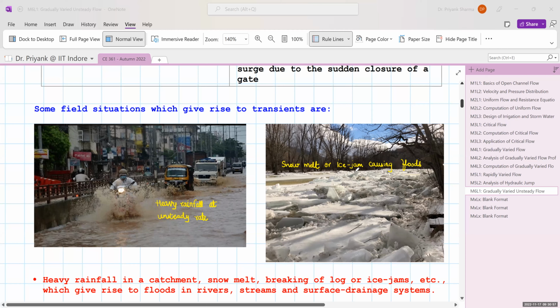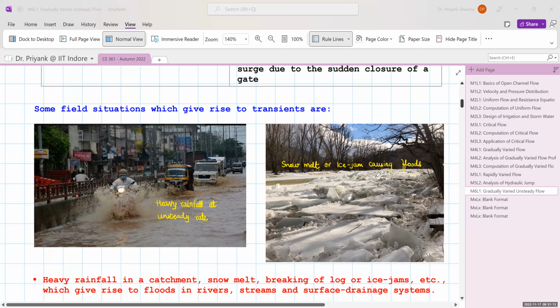Now, snow melt or ice jam. There is a big mass of snow that is being blocked, and suddenly if it starts melting, it becomes unstable.